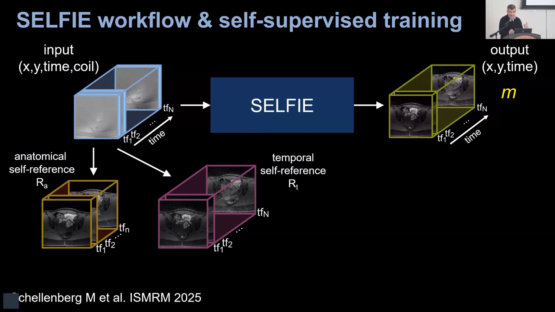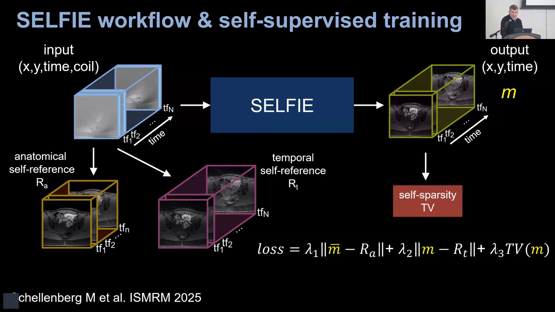In this case, it's going to be a higher temporal resolution, but we'll have streaks, or low spatial resolution. And then the self-sparsity will be applied directly on the output. With that, we can now form this loss function, where the first term applies the same kind of averaging operation that we did to compute the anatomical self-reference, but on the output.